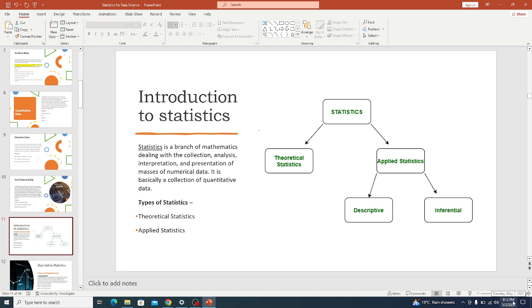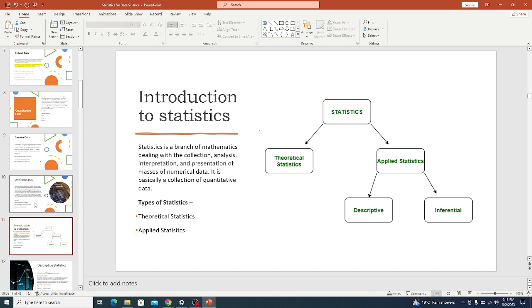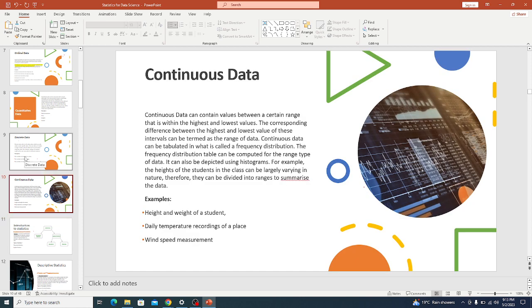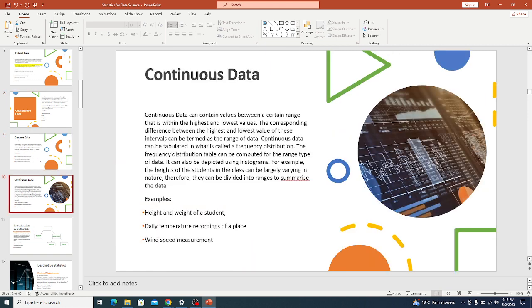17 minutes, I think, will be enough for you. Then we'll be back to finish quantitative data. How many slides are left? 4 slides. In fact, only 3 slides. You can decide: we finish these 3 slides and then maybe we call it a day.